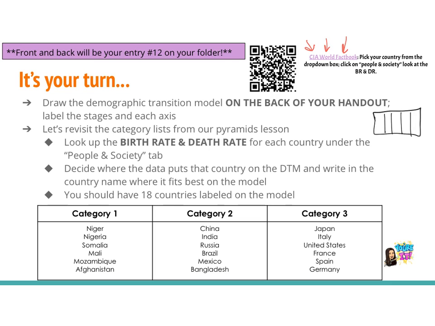You'll be able to scroll down and find all these different countries, and then when you click on, say, Japan, you'll go down and click on the People and Society tab, and scroll down until you see the birth rate and the death rate, because that's what we're looking at with the DTM, the birth rate and the death rate, okay?